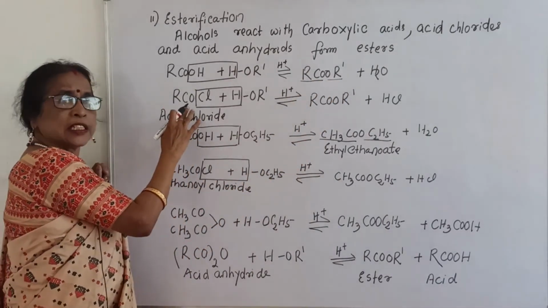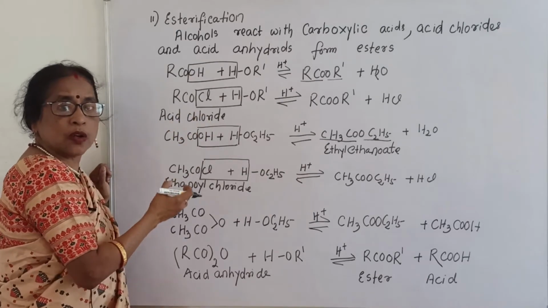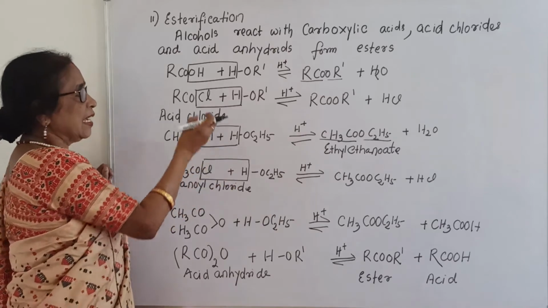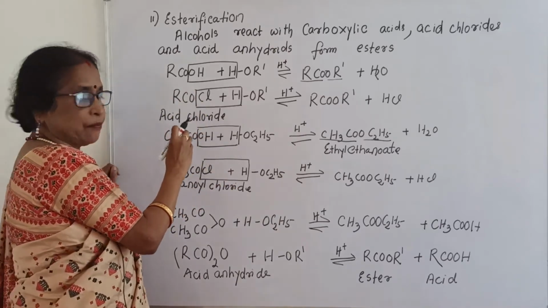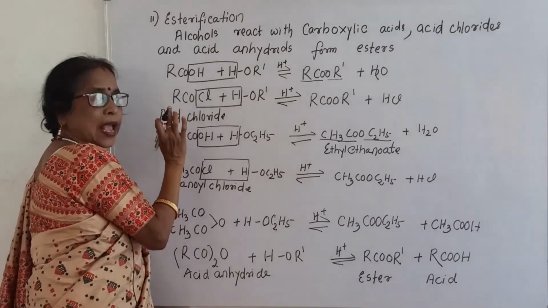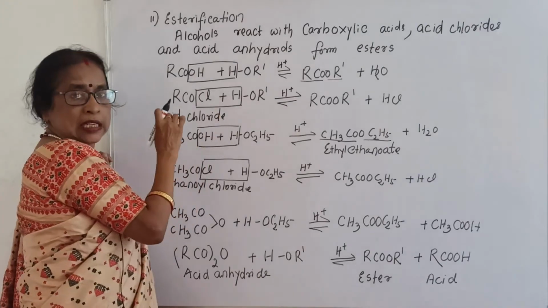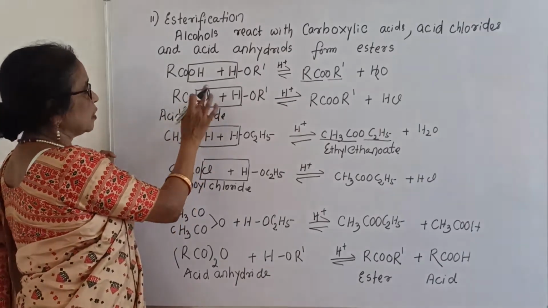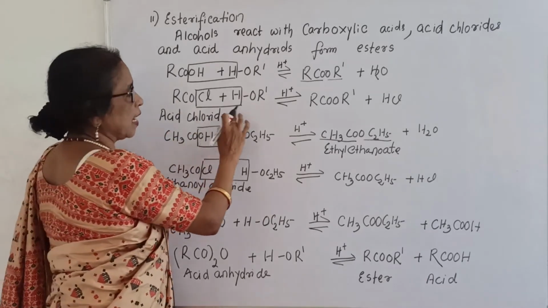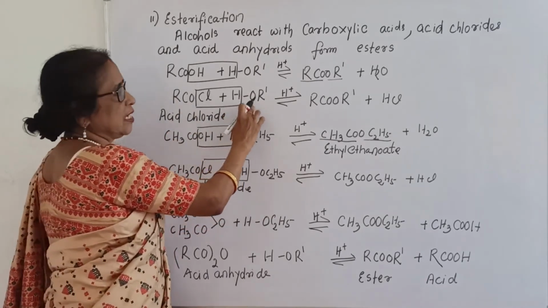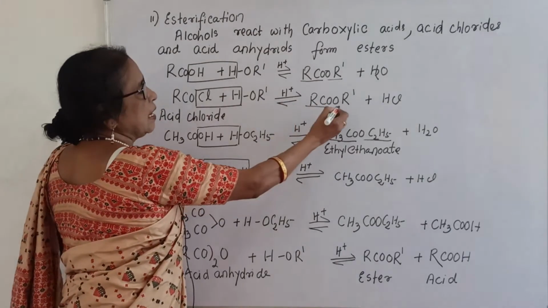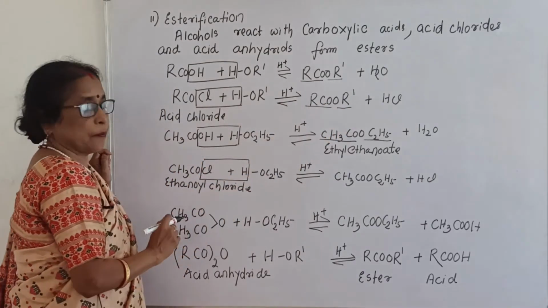Similarly, RCOCl is called acid chloride. It is a derivative of acid, where OH is removed and replaced by Cl, giving RCOCl, acid chloride, and this is the alcohol. Same, the left part is the acid part and the right part is the alcohol part.